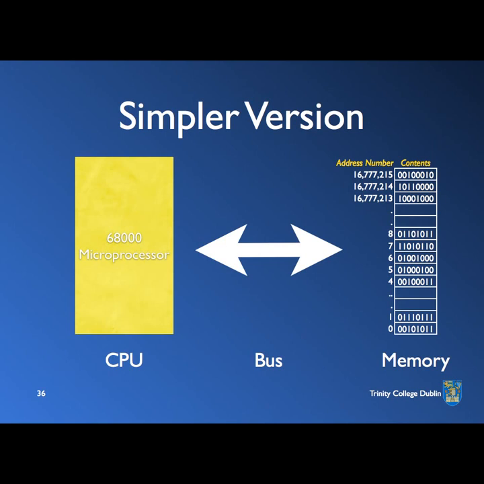So if you're executing an instruction that starts at location, say 1000, and it's 4 bytes long, the next instruction, which will be pointed to by the PC, will be at 1004, and so on.